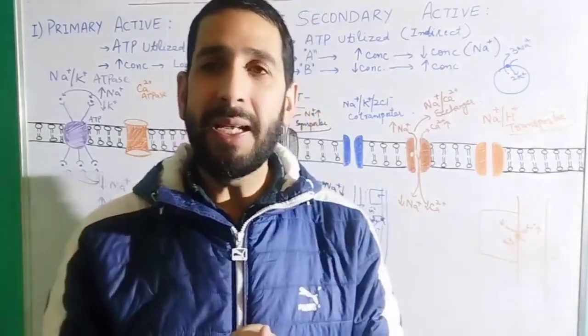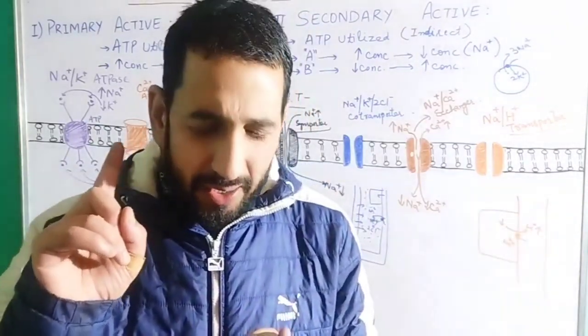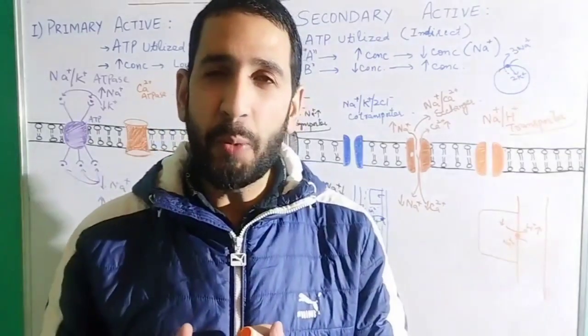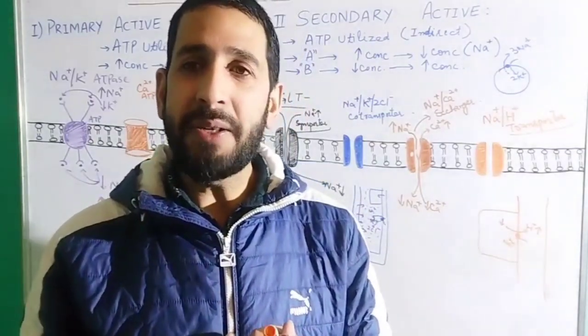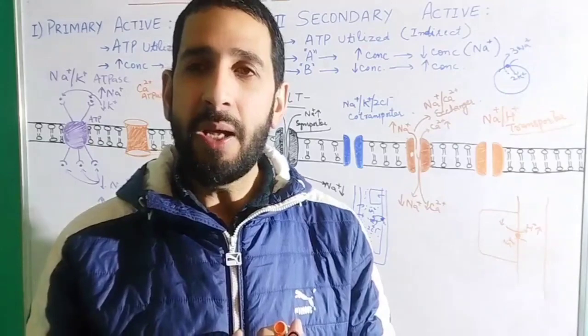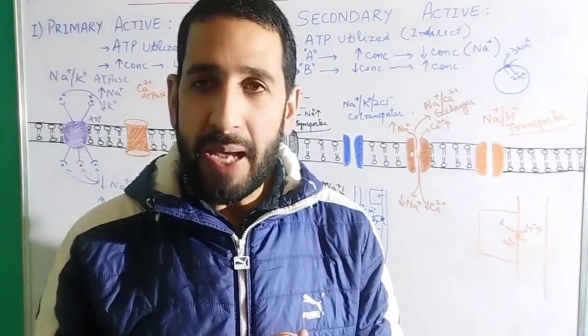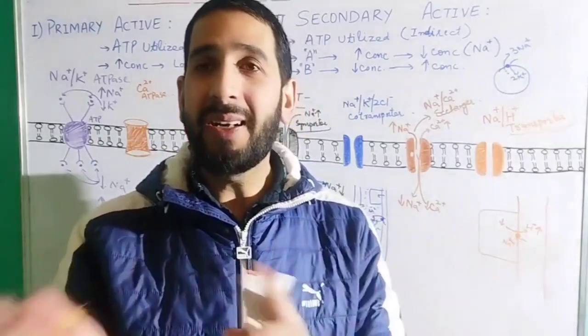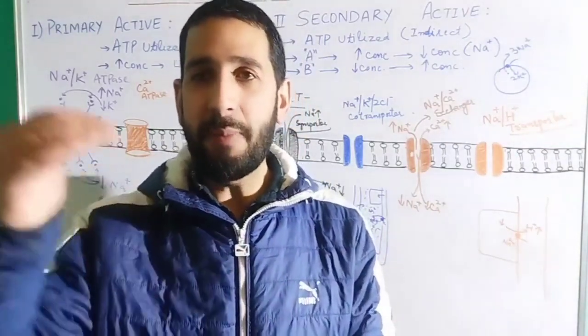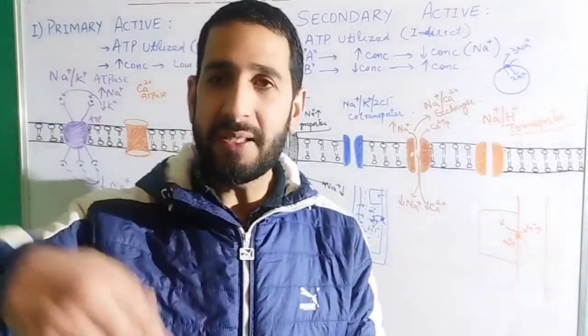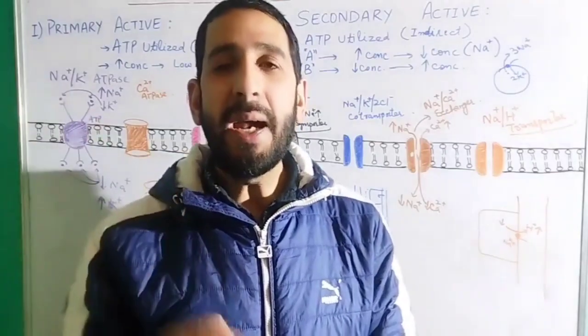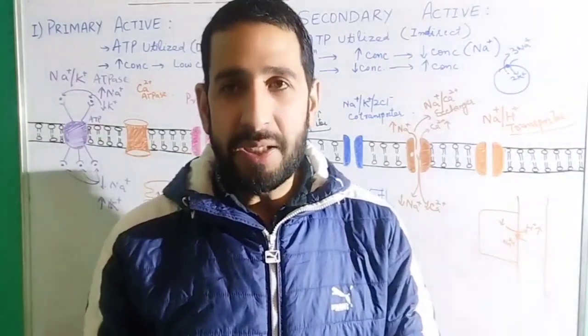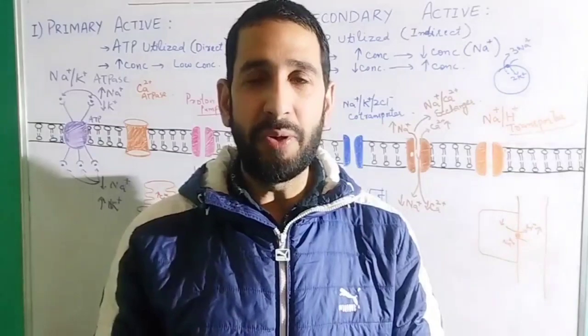And the second thing is that in secondary active transport, if the substances are being transported in the same direction, that is going to be called the symporter mechanism. And if they are transported in opposite directions, for example, sodium is going inside and another substance is going outside, that is going to be the antiporter mechanism of secondary active transport.